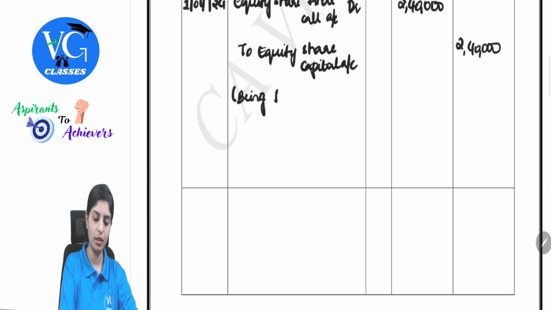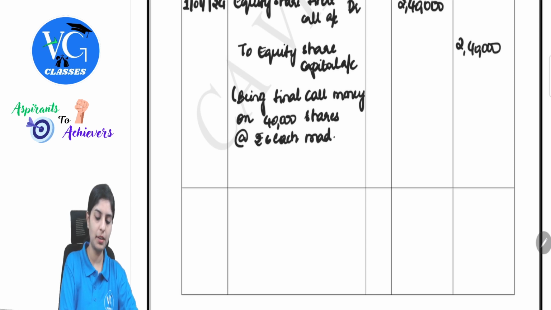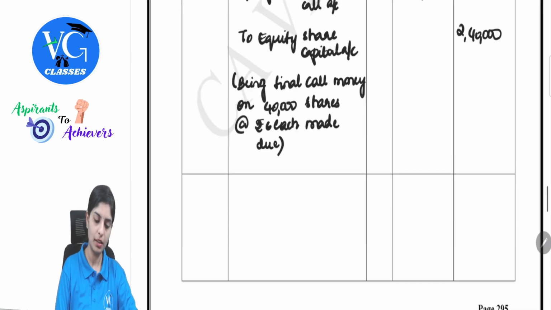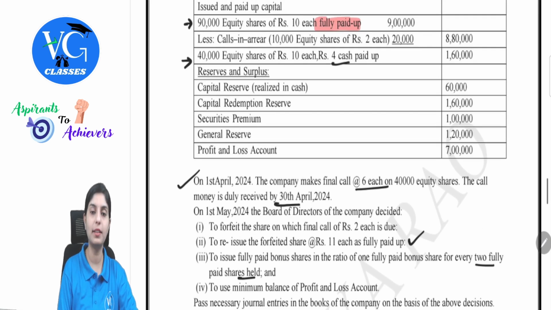Being final call money on 40,000 shares at rupees 6 each made due. Understood?